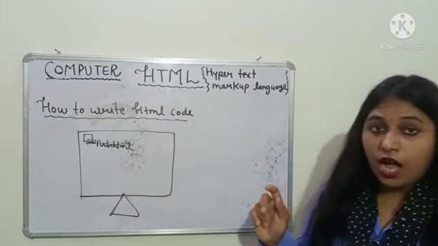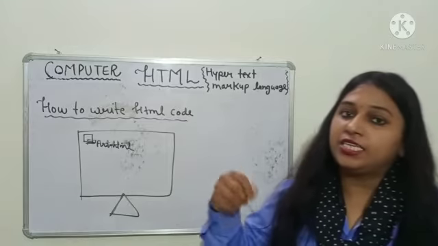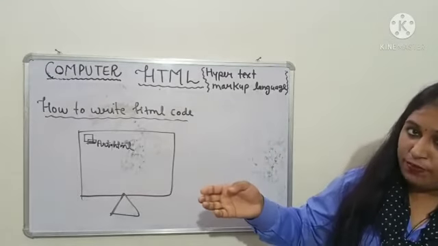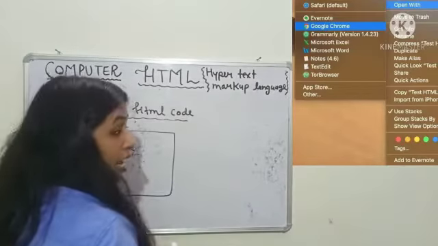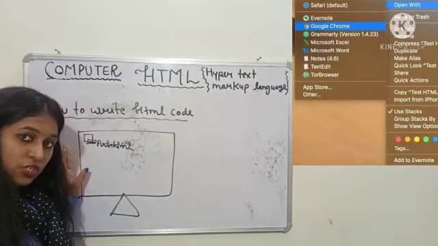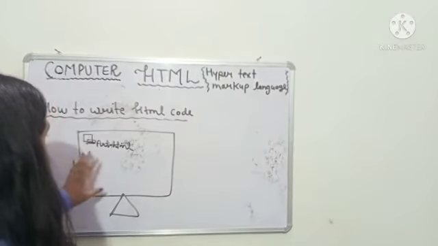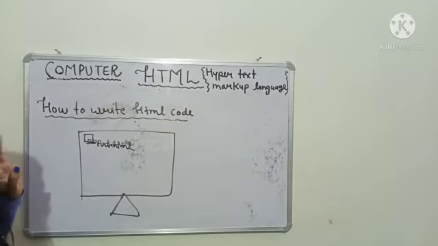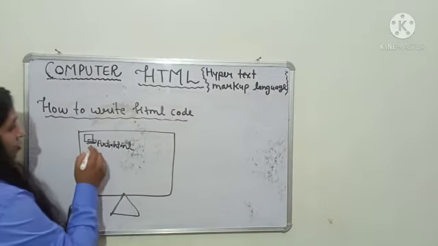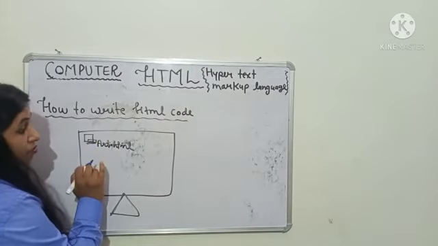Now the question is how we will view our HTML code in a web page, right? So suppose this is your computer and you have saved your file on the desktop, right? So my file is here, that is aarti.html. First of all we right click the mouse.